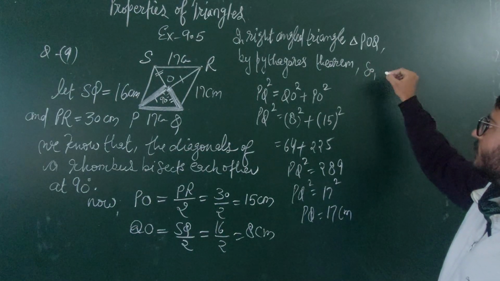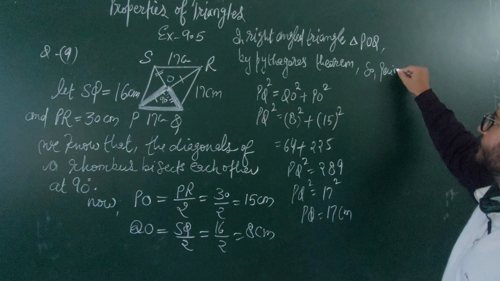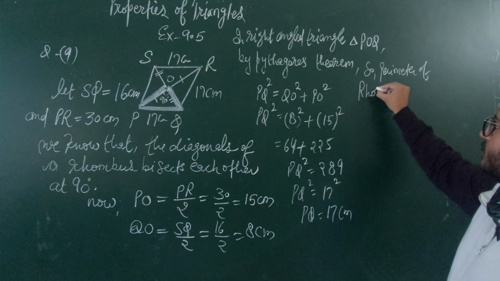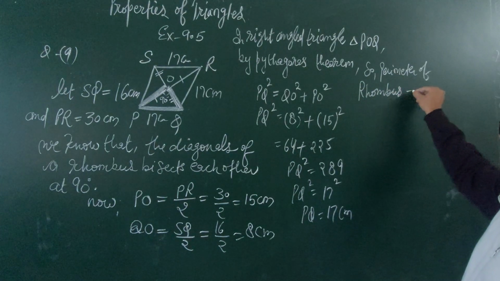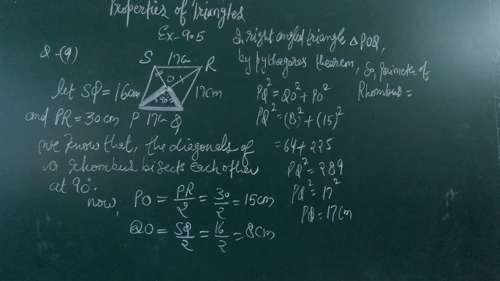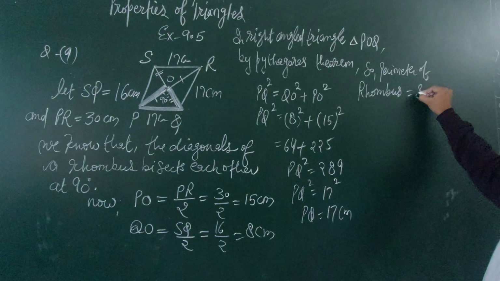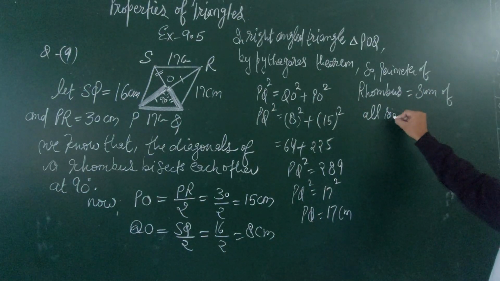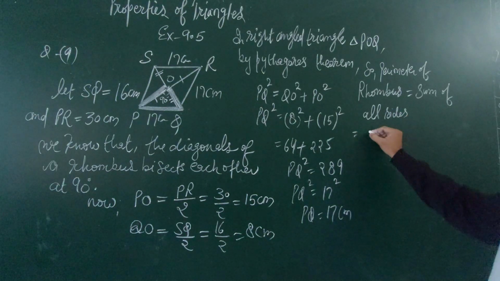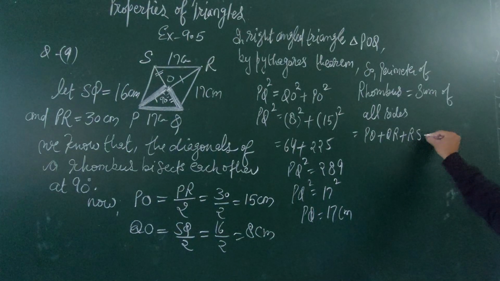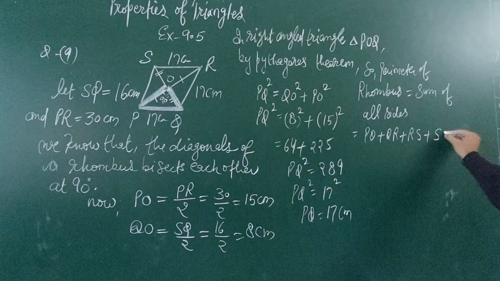Therefore, the perimeter of the rhombus will be equal to, again the same statement, sum of all sides, which is equal to PQ plus QR plus RS plus SP.